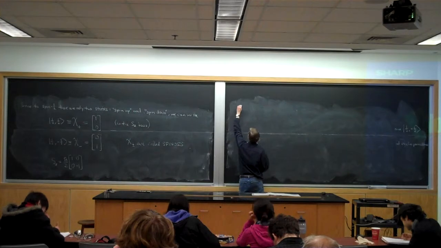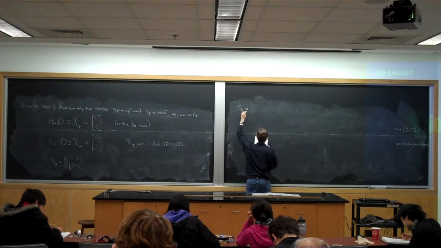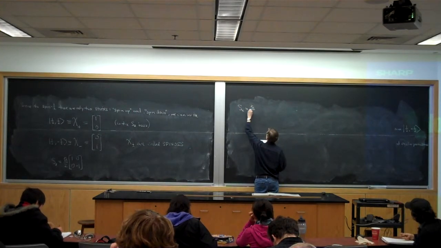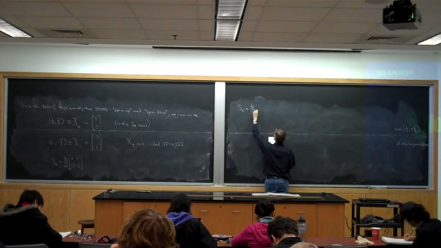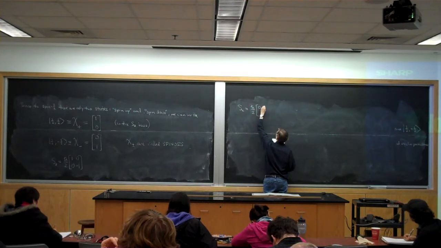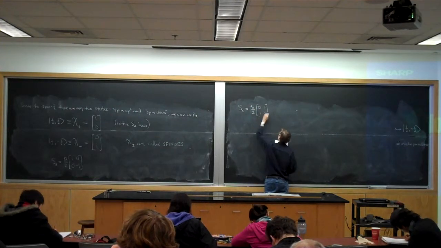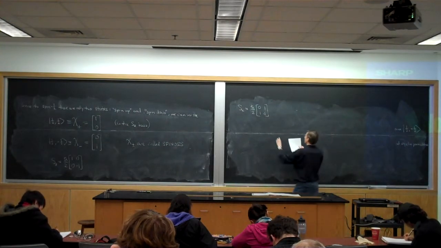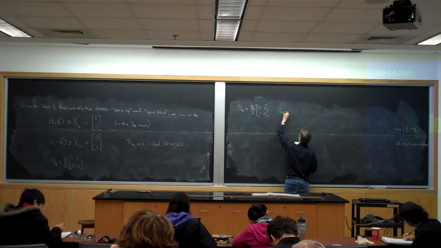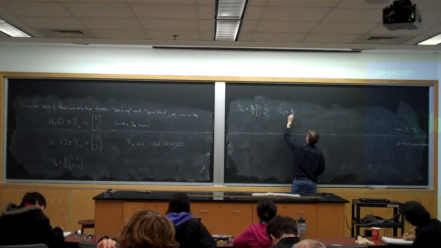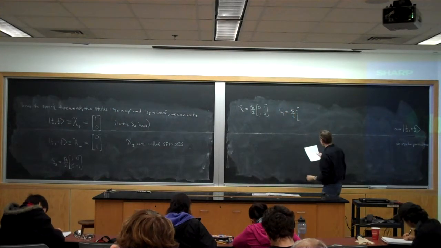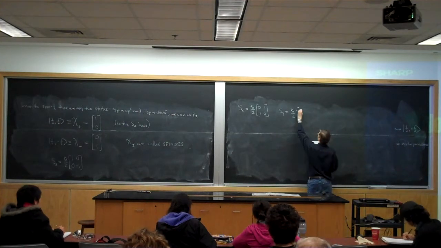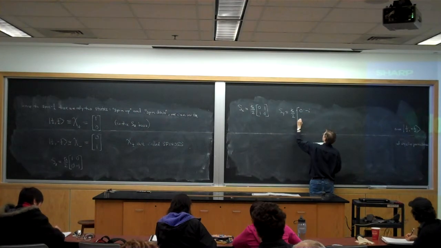Meanwhile, S sub x can be represented with h bar over 2 times [[0, 1], [1, 0]]. And S sub y can be represented, these are not unique representations, but they work, as h bar over 2 times [[0, -i], [i, 0]].